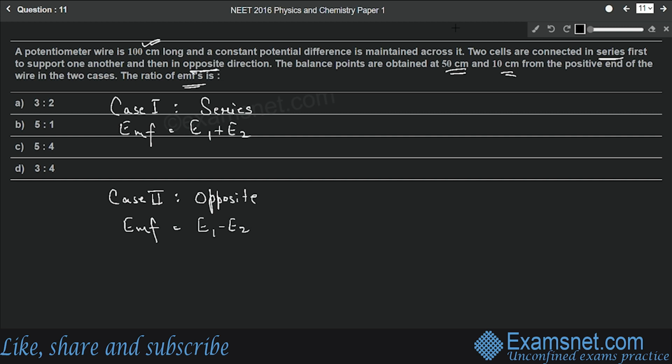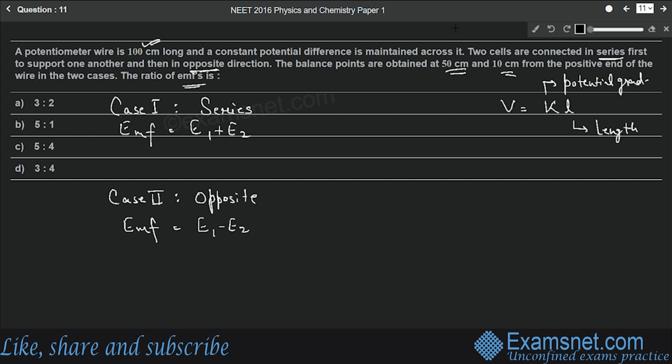And we know that EMF is equal to K into L, where K is the potential gradient and L is the balancing length or balancing point.